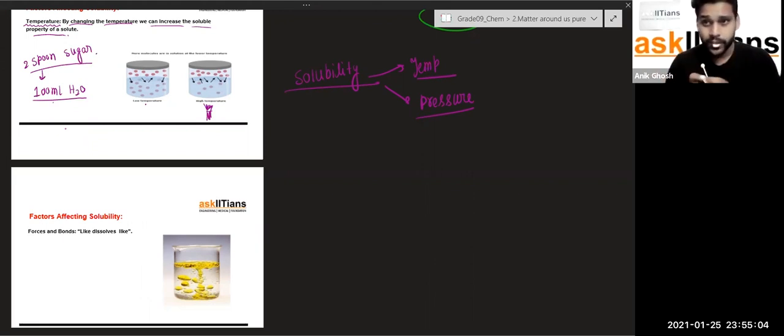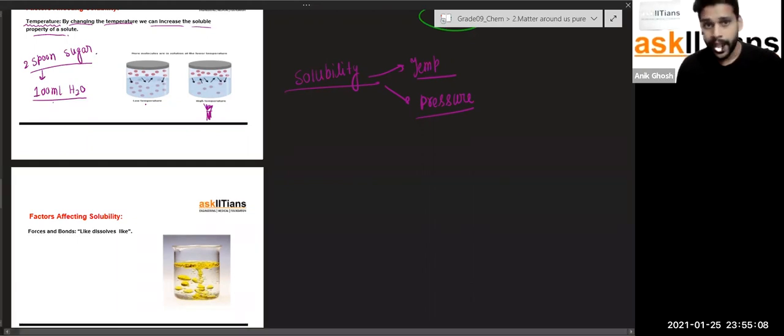There should be intermolecular spaces because we know that with respect to that only we have differentiated solids, liquids, and gases. So definitely we can say that with respect to the intermolecular spaces, solids have the least spaces. After that comes liquid. After that comes gases.